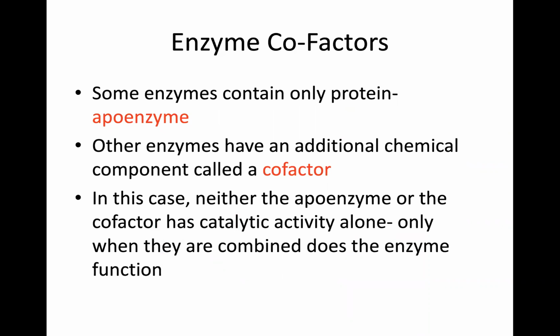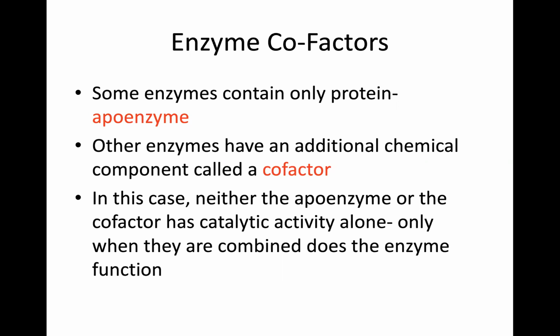So we're still talking about chemical reactions here, metabolism. There are some other factors that play into enzymatic activity, and those are cofactors. Enzyme cofactors also influence our reactions. Some enzymes only contain the protein, which is the apoenzyme. The apoenzyme is basically an enzyme without a cofactor attached.